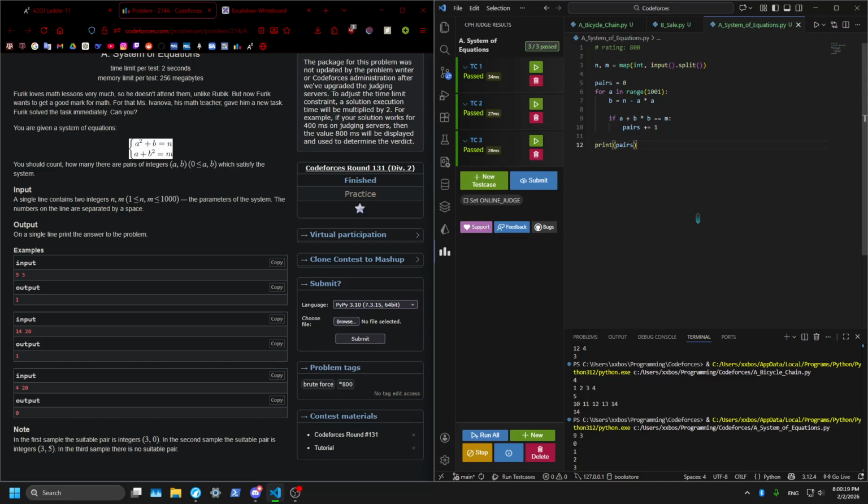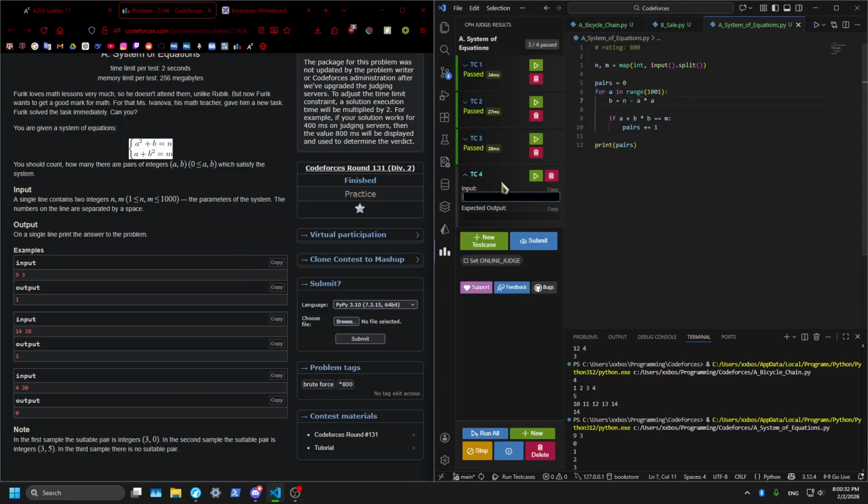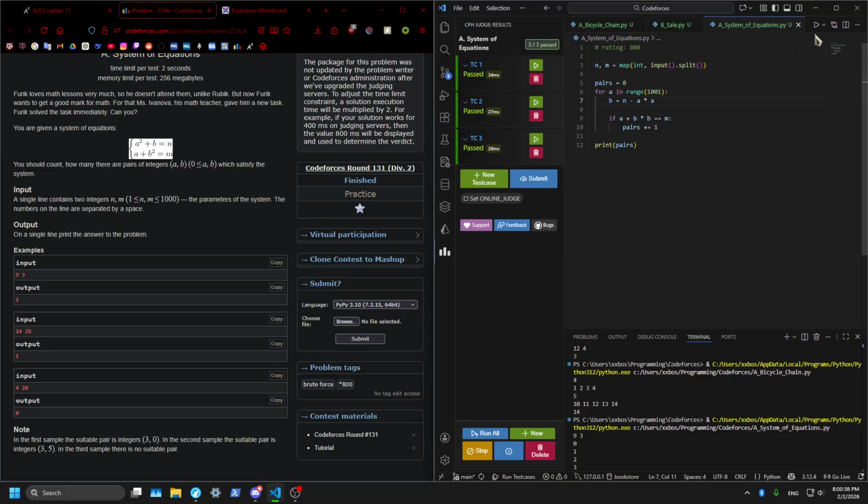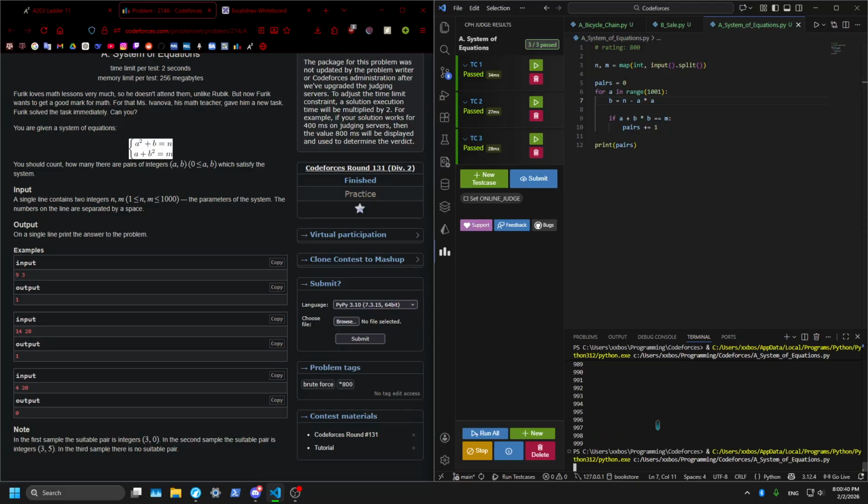Okay. Are there any edge cases? If A is 0, just test it like this. If A is 0, B is like 5.